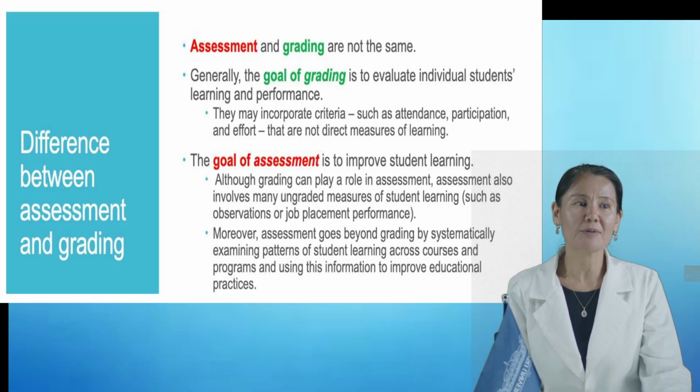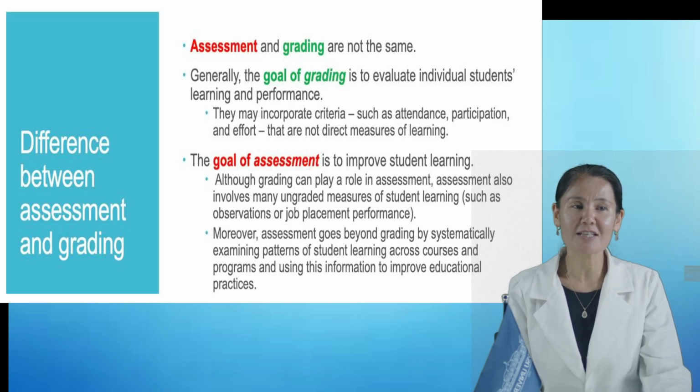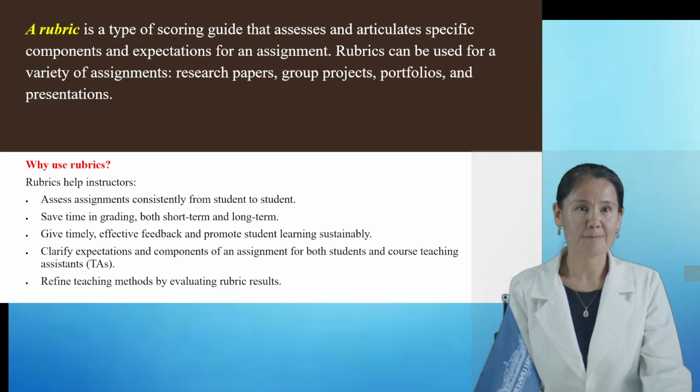Although grading can play a role, assessment also involves many ungraded measures of student learning, such as observation or job placement performance. Moreover, assessment goes beyond grading by systematically examining patterns of student learning across courses and programs and using this information to improve educational practices.